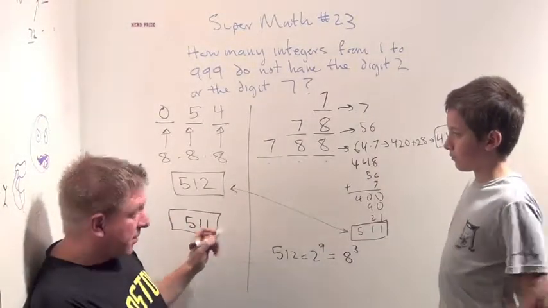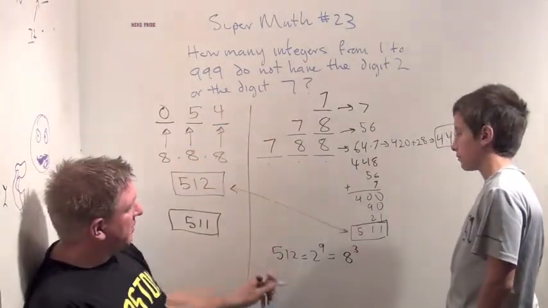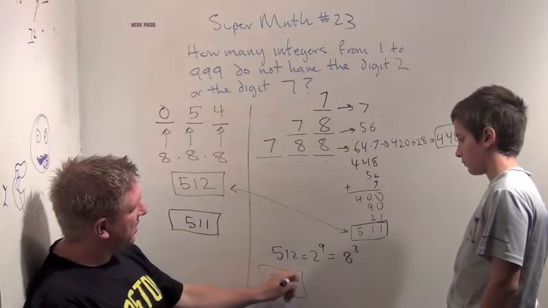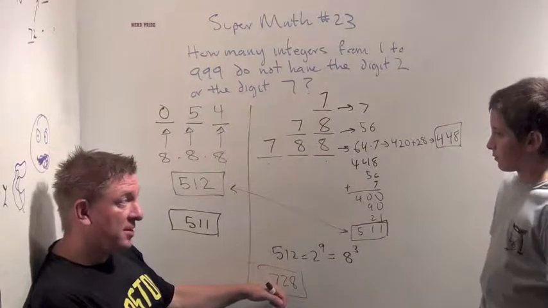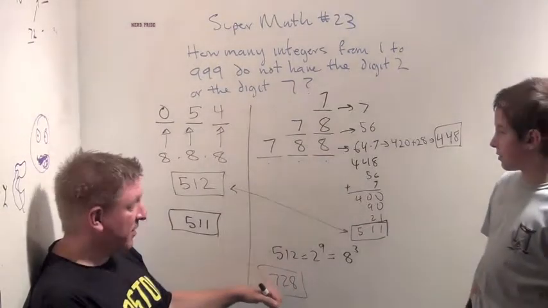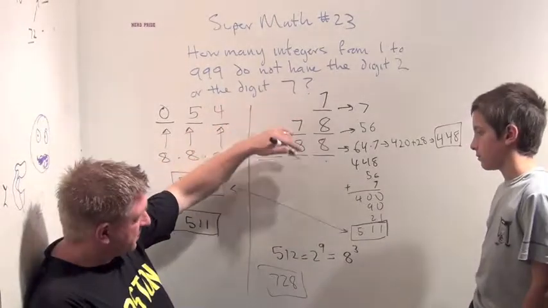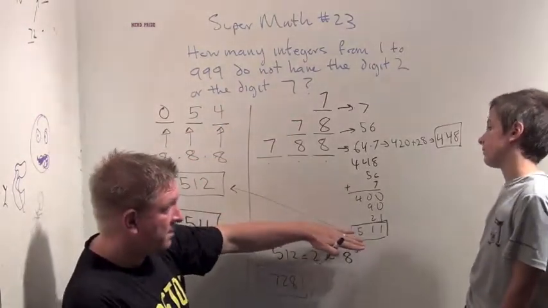So it turns out when we were missing one number, we got 728. The AMC8 problem said you're going to count these numbers except you don't want the digit 1. We got 728, which is 1 less than 729, and 729 is 9 cubed. When we're missing 2 digits, we get 511, which is 1 less than 8 cubed.